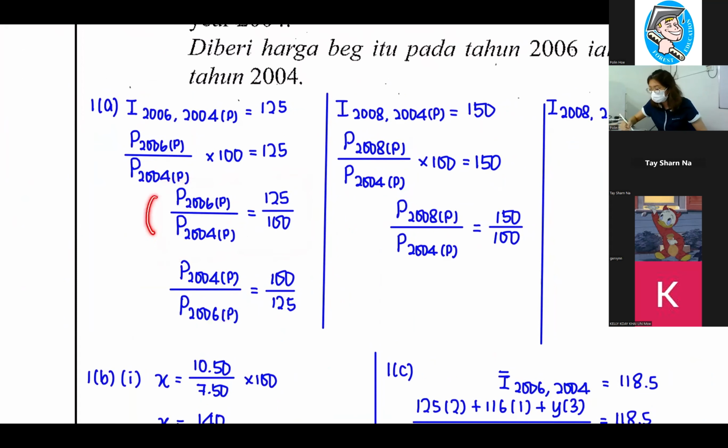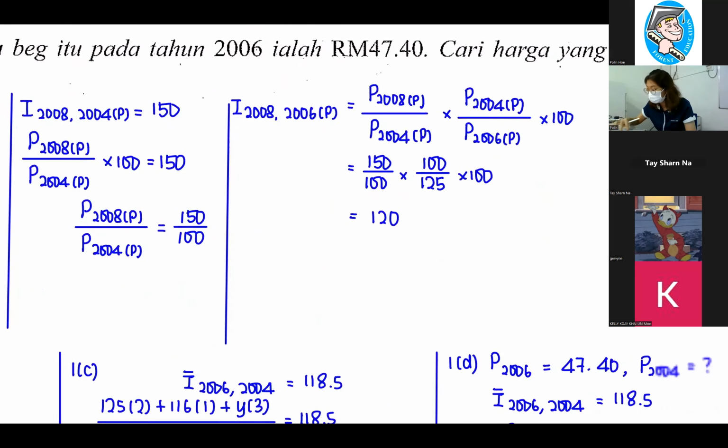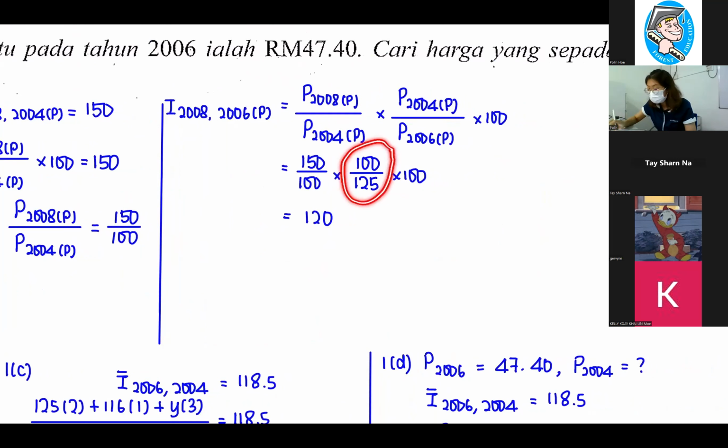So we invert it. When you invert the left hand side, you need to do the same thing on the right hand side. Correct? Invert the left, invert the right. Okay, 2004 over 2006 is 100 over 125. I fill in, multiply by 100, and you will get the answer.